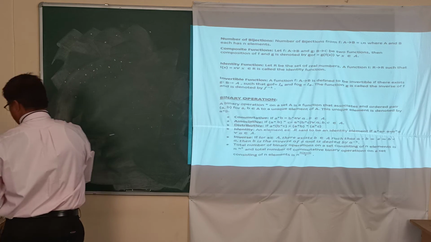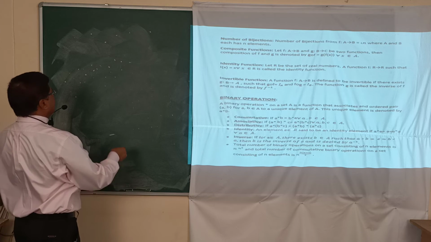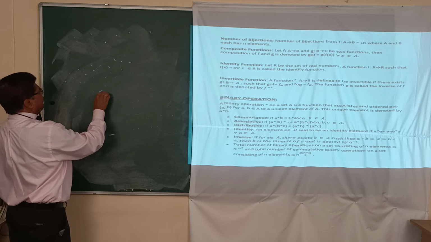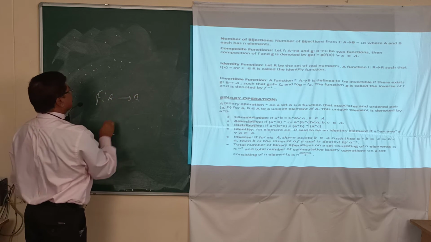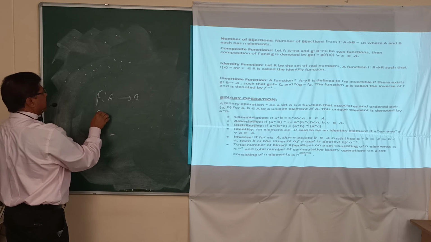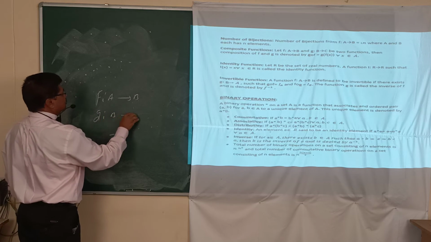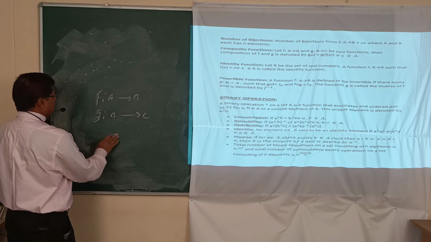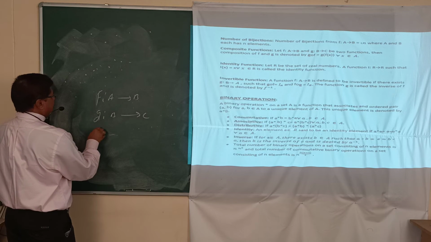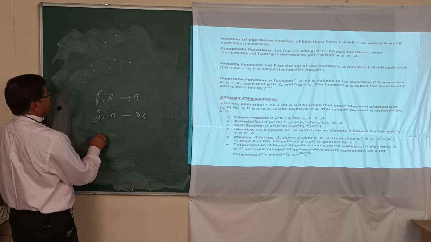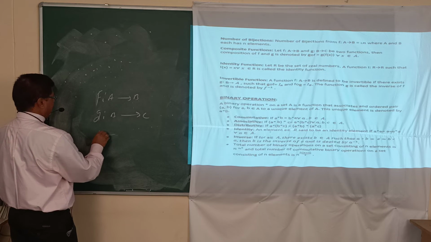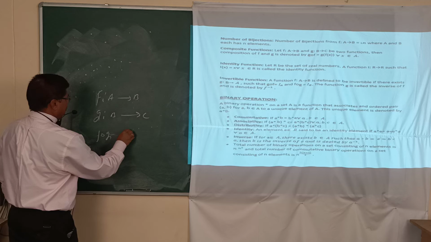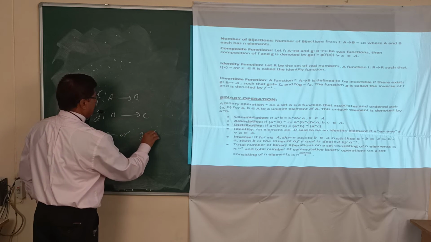Now, the composite function you see. In the composite function, suppose any function f from A to B is given, and the other function g is given from B to C. So when we compose these two functions, we write fog, or we will write gof.